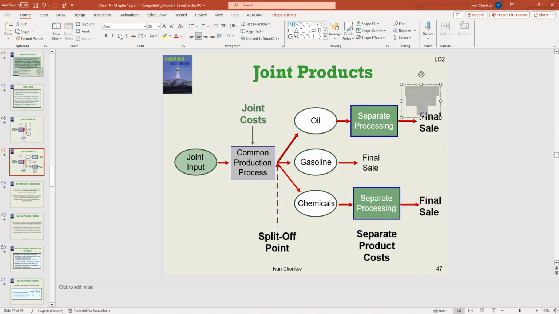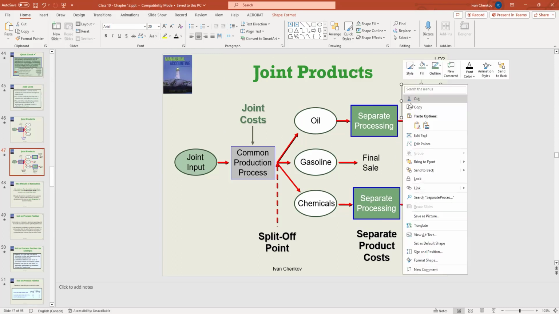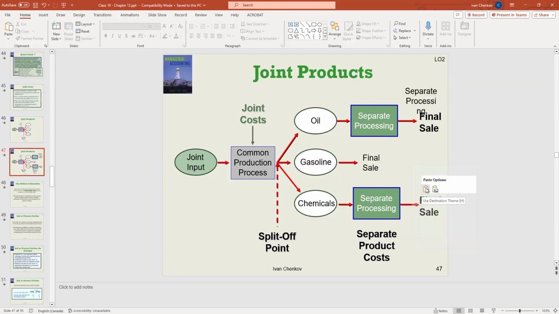Imagine this. I'm trying to make a decision. Should I continue with this or not? Gasoline. Let's pretend that this gasoline, I can sell as it is at $5 per liter. That's my selling price.